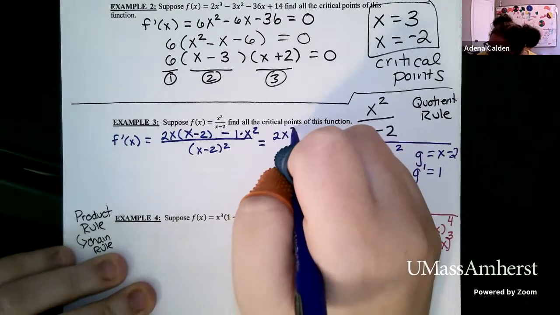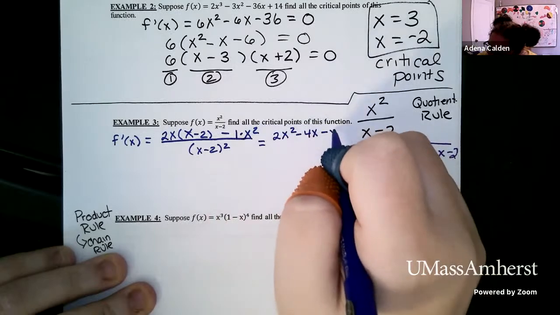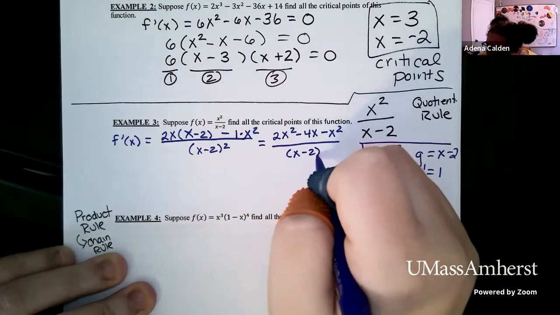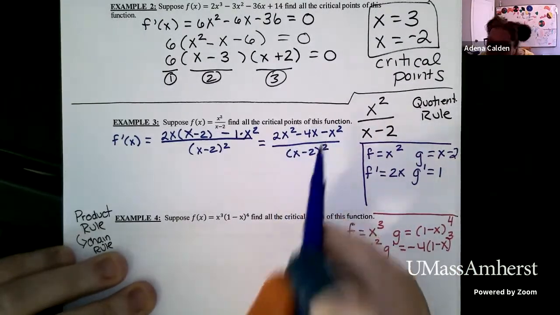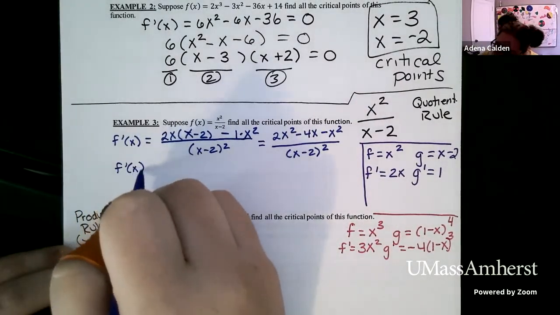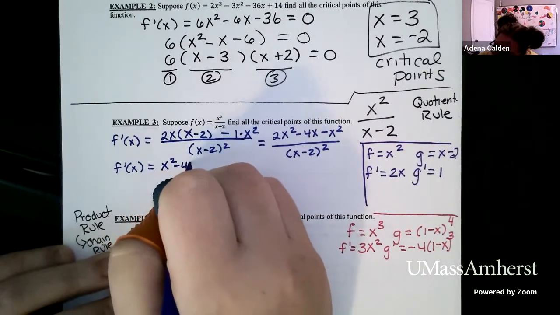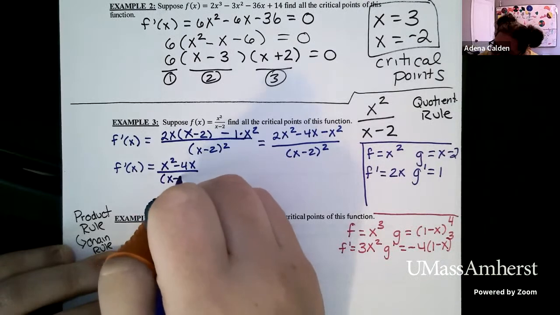So I get 2x squared minus 4x, and then I still have minus x squared, all divided by x minus 2 squared. So notice that I have a 2x squared and a minus x squared. So I'm going to combine those, and that's going to give me x squared minus 4x divided by x minus 2 squared.